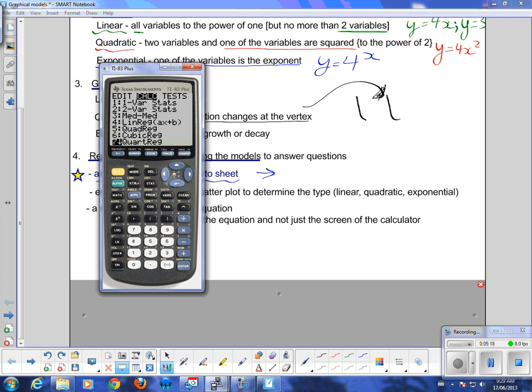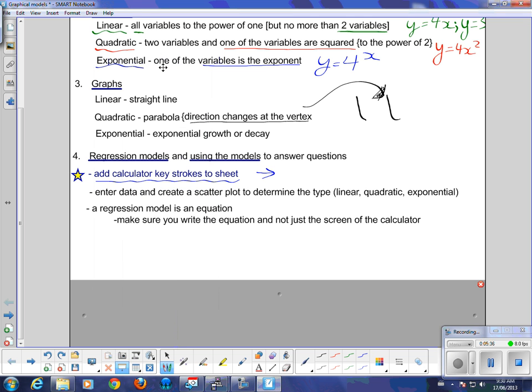Cubic, probably not, or quartic. There's another linear, and number 0 is exponential regression. So you're either going to be choosing 0, 5, which is quadratic, or 4, which is linear. Don't make something linear if it's not.